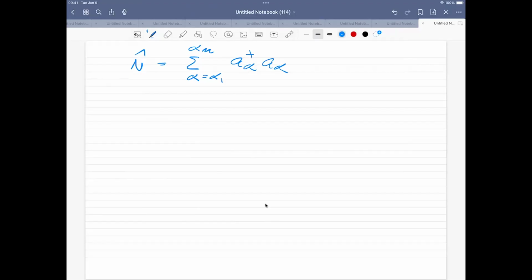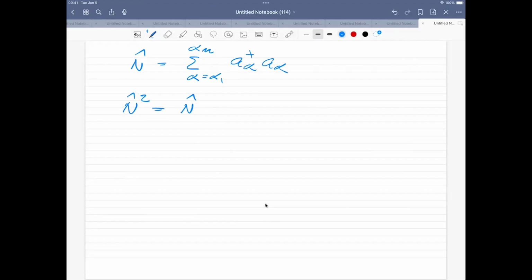So something which is useful to see with this operator is that when we square it, let me just bring up that one. So if I square this operator, we can easily show that this is equal to the operator itself.